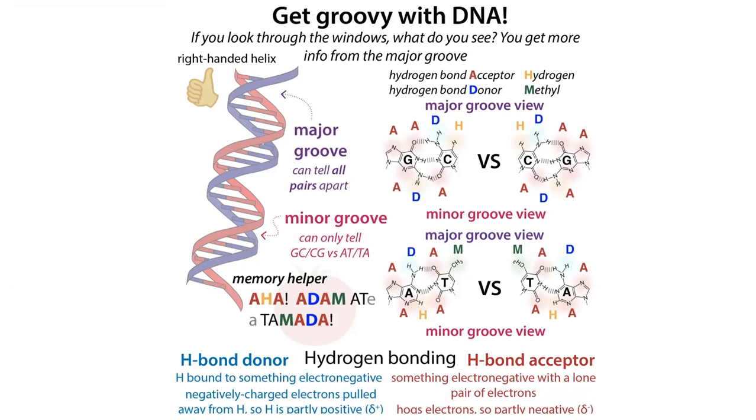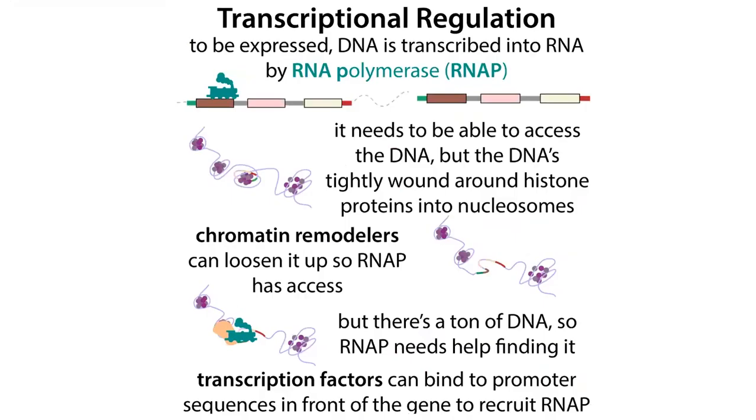In fact, there are proteins called transcription factors that look at that major groove and bind to it in order to regulate gene expression. Remember our central dogma: DNA to RNA is transcription, and then RNA to protein is translation.